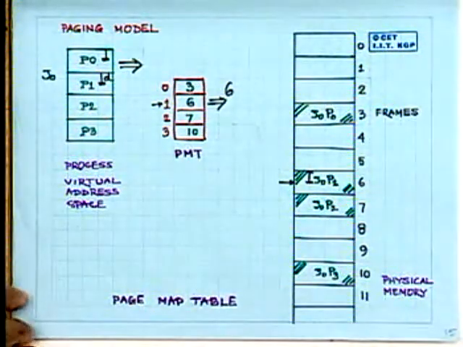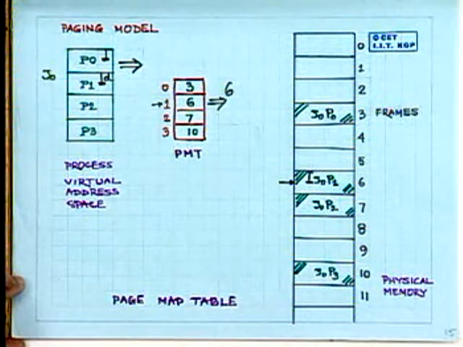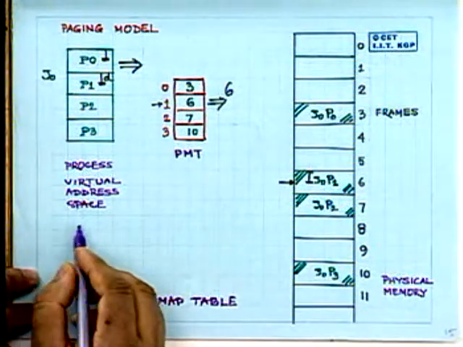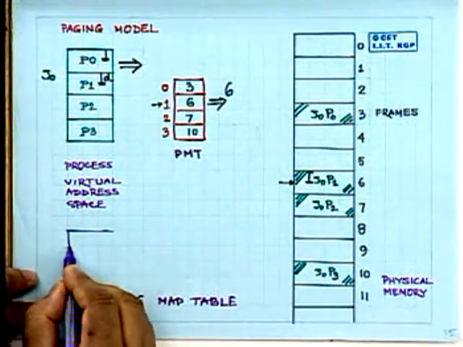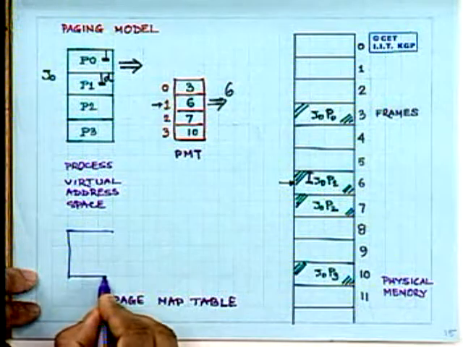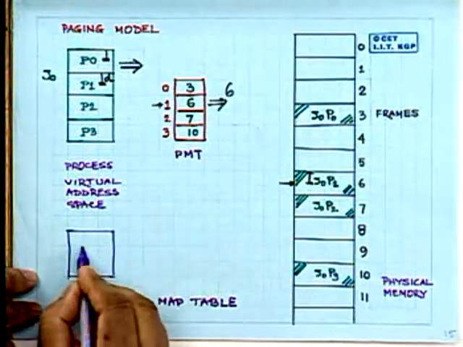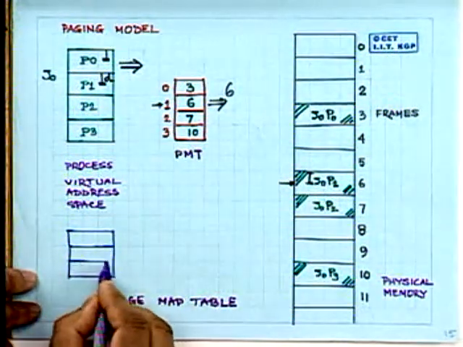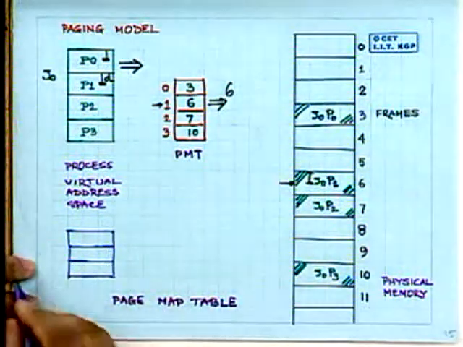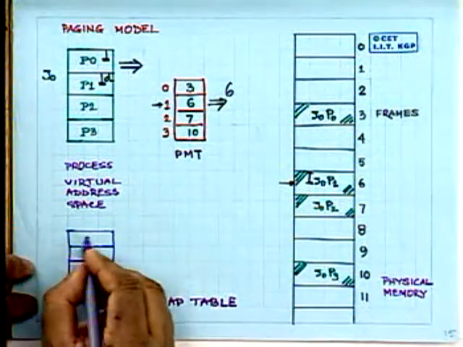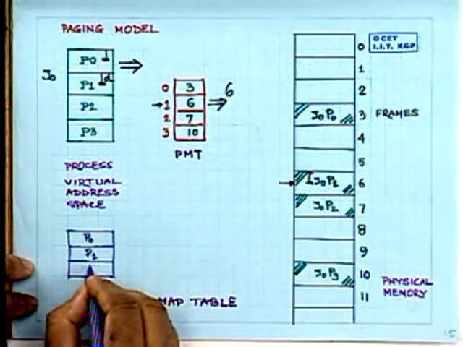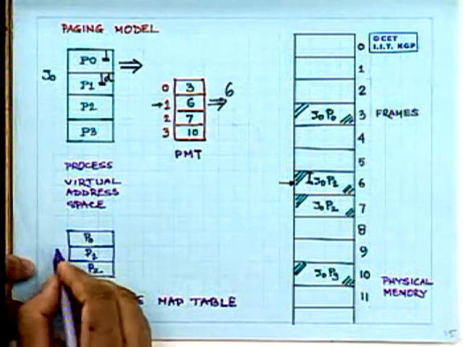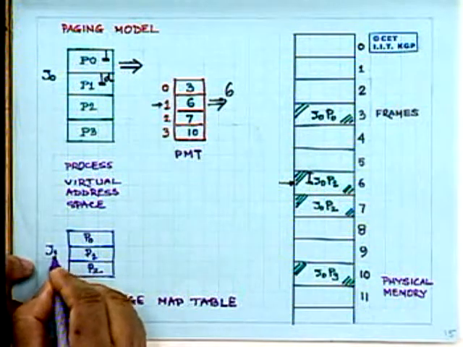Now let us see, if we have, say, another program, having, say here, this is the page P0, P1, and P2, and let the process number be J1.